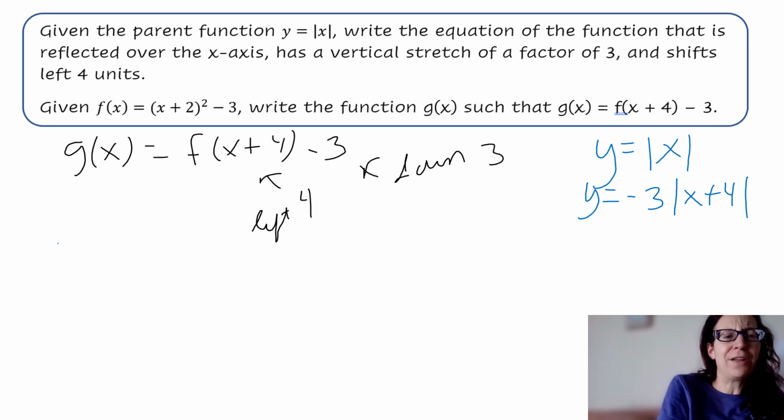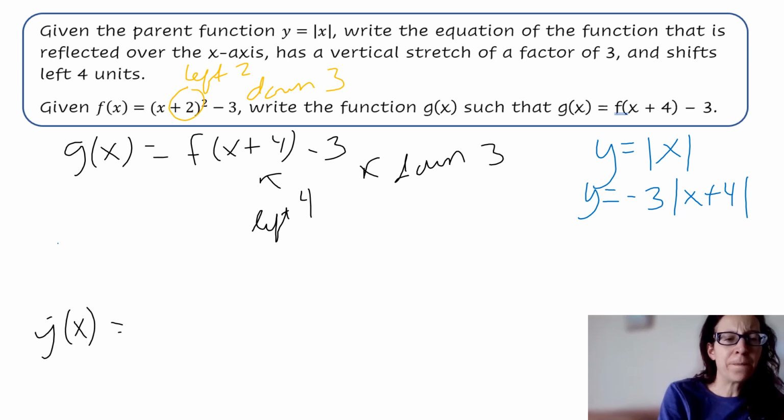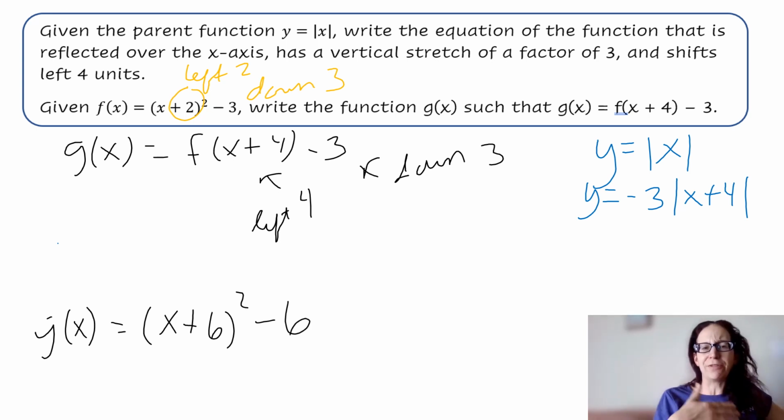So one way you could do it, I'm going to write up here, is you could say this is already left 2 and down 3. So if you want it to go left 4, you would add 4 more, which means you would now be going left 6. And then it's already down 3. So if you wanted to go down 3 more, that would put you down 6.